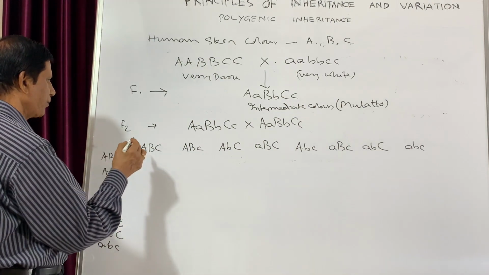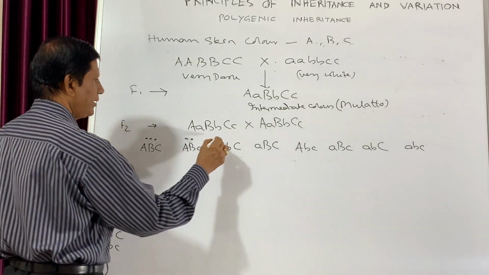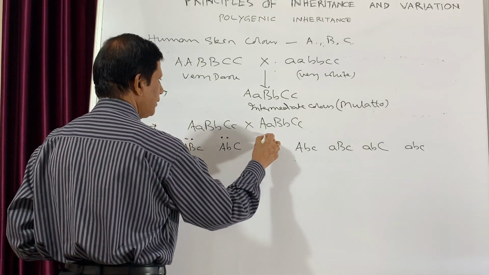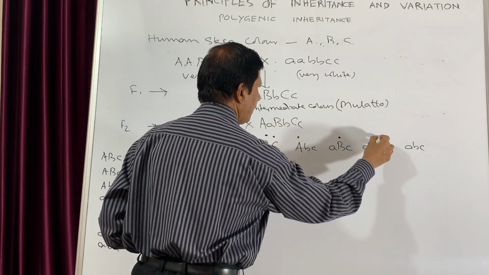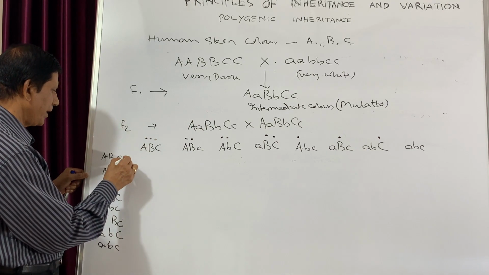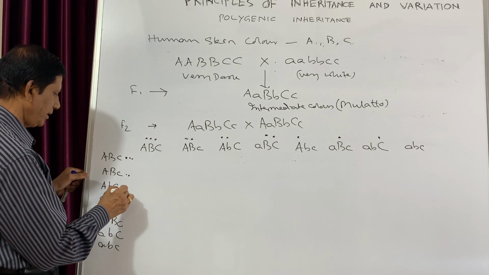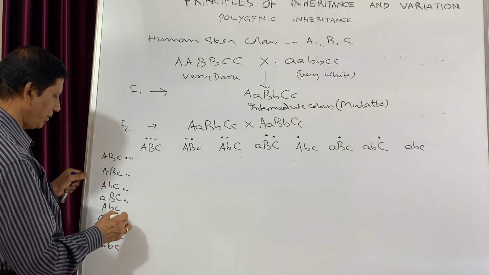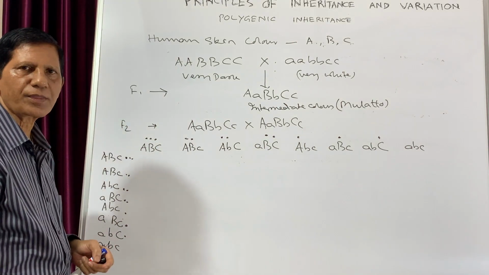Then you see, here there are 3 dominant genes, here 2 dominant genes, 2, 2, here 1 dominant, 1, 1, and here no dominant. In this case also, we will find 3 dominant genes, then 2, 2, 2, then 1, 1, 1, and then nothing.